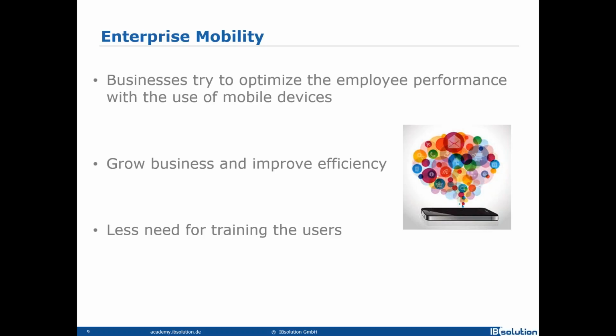By that, of course, they are targeting to grow the business, but also to improve efficiency, and for that they don't need to teach or train users how to use a smartphone or this application, because even my grandma probably knows how to do it today. So they are really focusing on that and trying to achieve as much as they can.